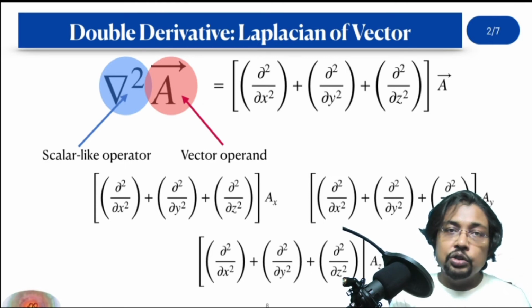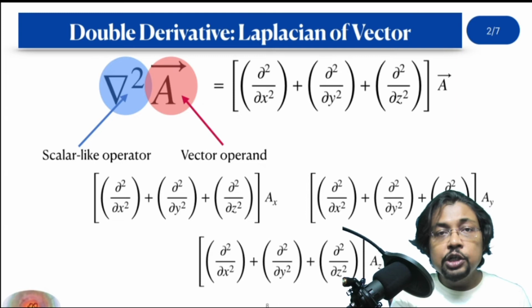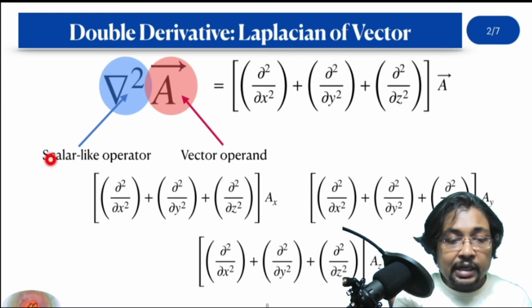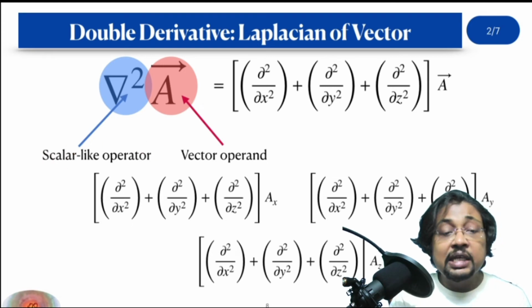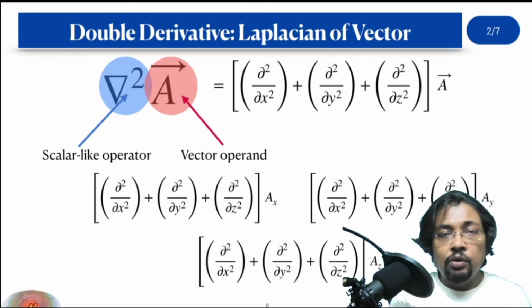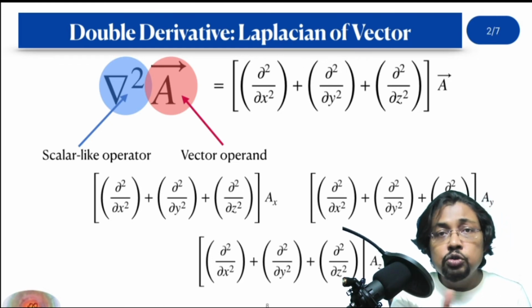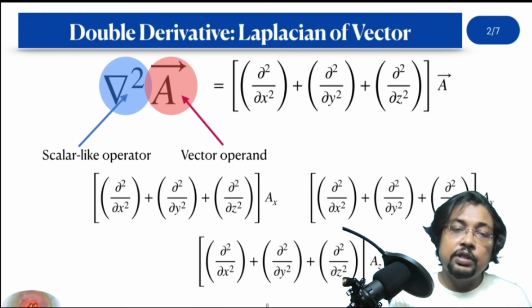The problem is that the del square, which is del dot del, that is the dot product between the space derivatives, is basically a scalar-like operator, because it has no unit vectors along any directions, because already you have dotted them and you got del squared by del x squared plus del squared by del y squared plus del squared by del z squared. So you don't have any kind of unit vector.